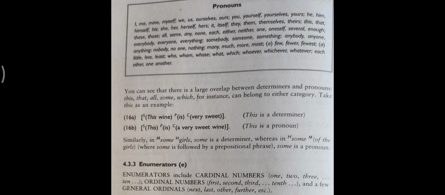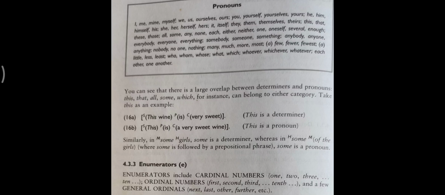So there is a distinction that we can make. If it is deciding something, finalizing something, it is a determiner. But if it stands for something else, for nouns, if a pronoun stands for nouns, then it is called a pronoun. See here, 'this wine' is a noun phrase.